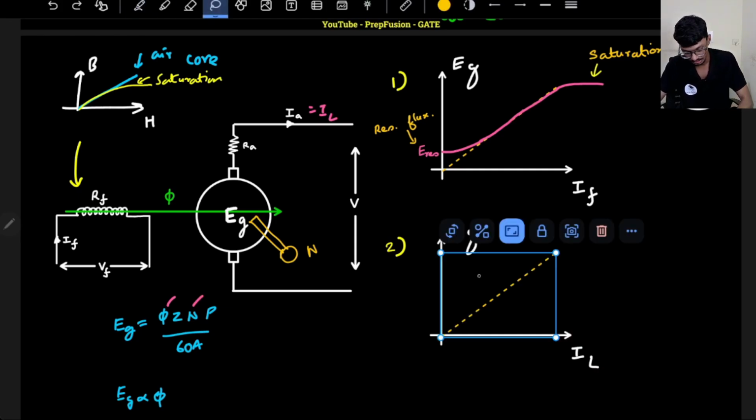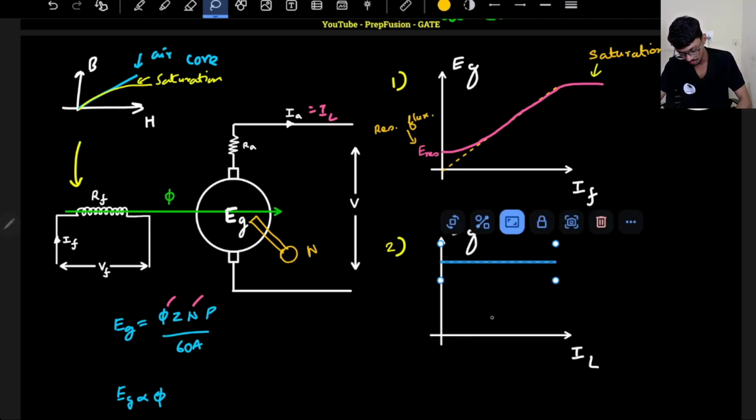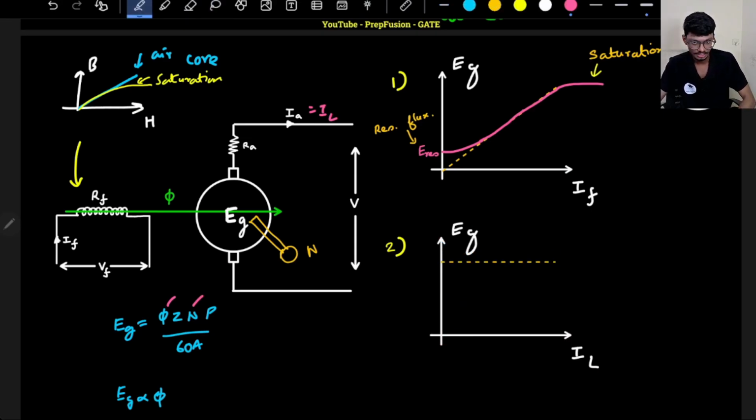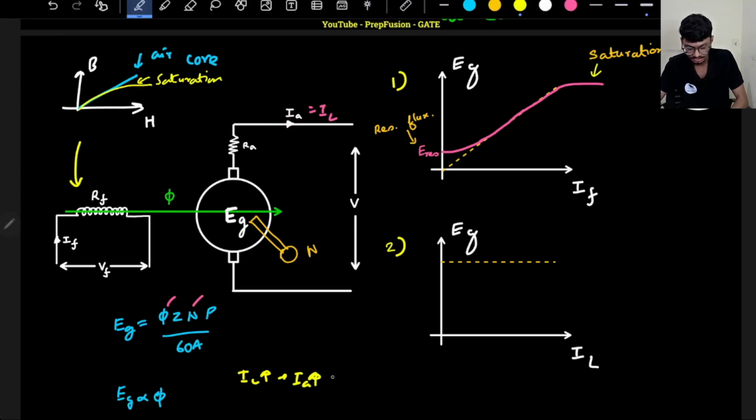What is the catch? The catch is there is armature reaction, right? Because what will happen? Eg is constant, and if I keep on increasing my load, that is the load current will increase, right? If load current increases, the armature current will increase because here IL is equal to IA. If armature current increases, there is armature reaction.